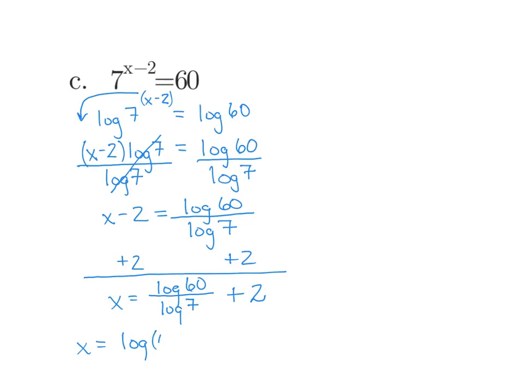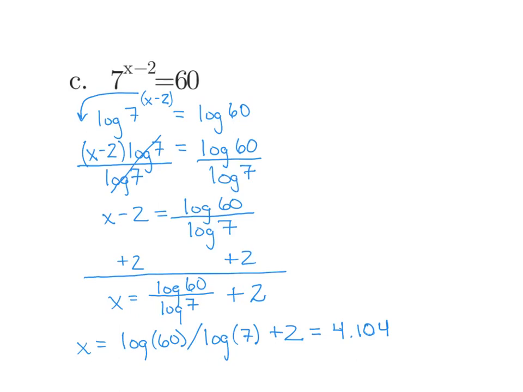Log of 60, close your parentheses, divided by log of 7, close our parentheses again, plus 2. Which should result in a final answer of 4.104. And we're done.